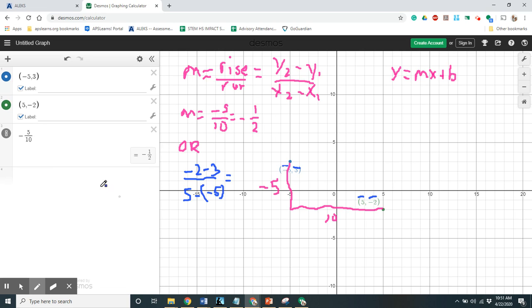And then type that one into Desmos here. So -2 minus 3 over 5 minus -5.